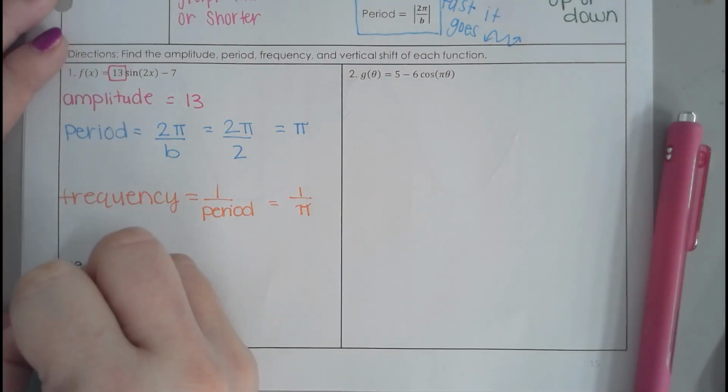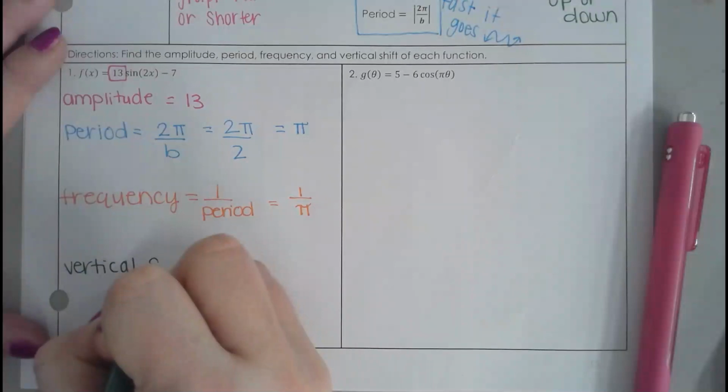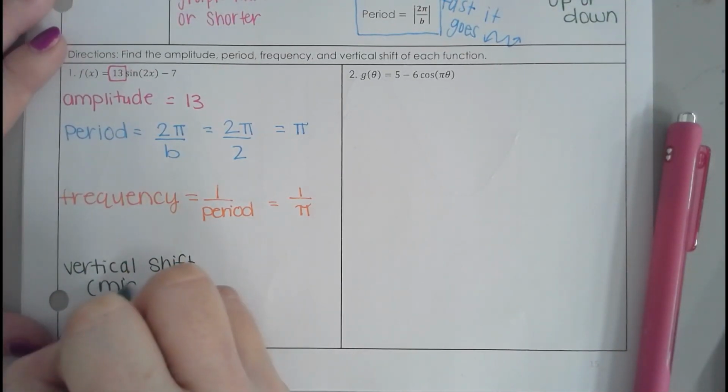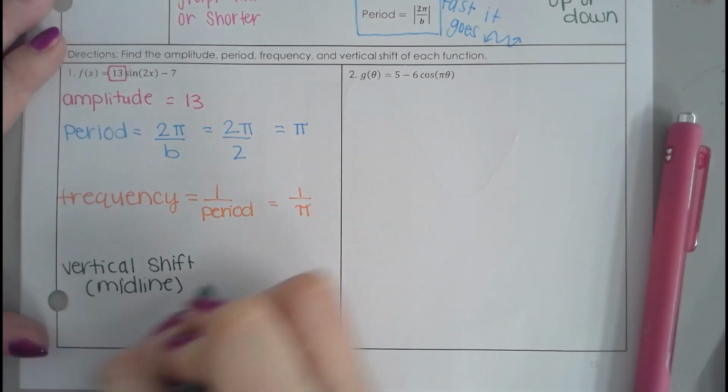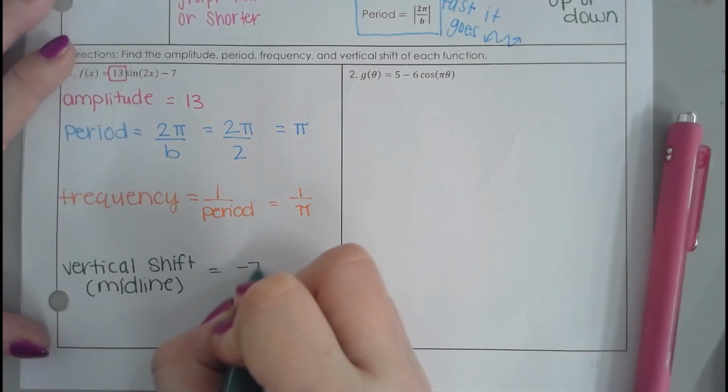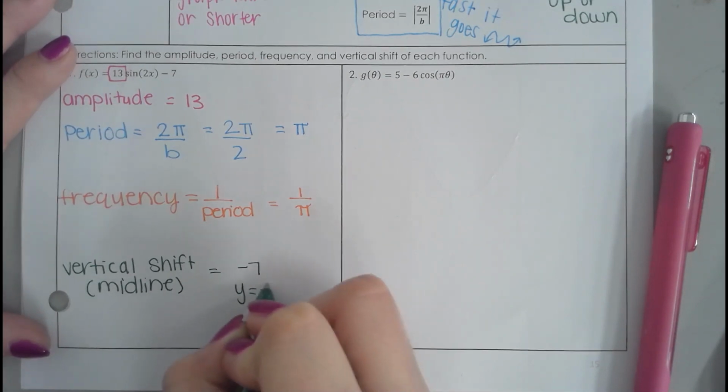And then the vertical shift, also known as the midline, is -7, or you could say y equals -7.